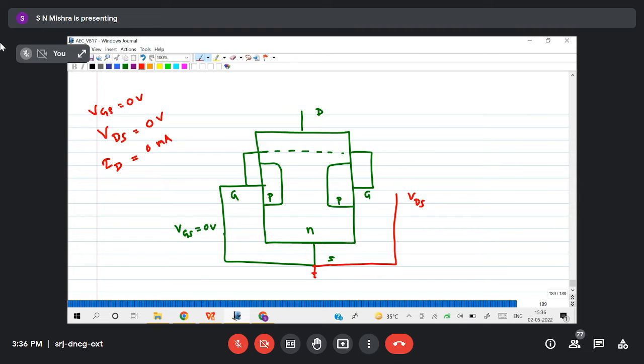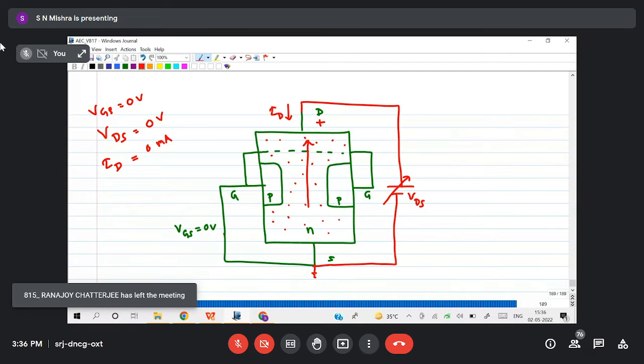Now what I'll do, I'll connect voltage here and start increasing it: 0 to 0.1, 0.2, 0.3 like that. So I'm giving positive voltage, meaning the electrons which are moving randomly inside the channel material will drift towards the drain due to this positive potential, so that I'll get ID. Yes or no?